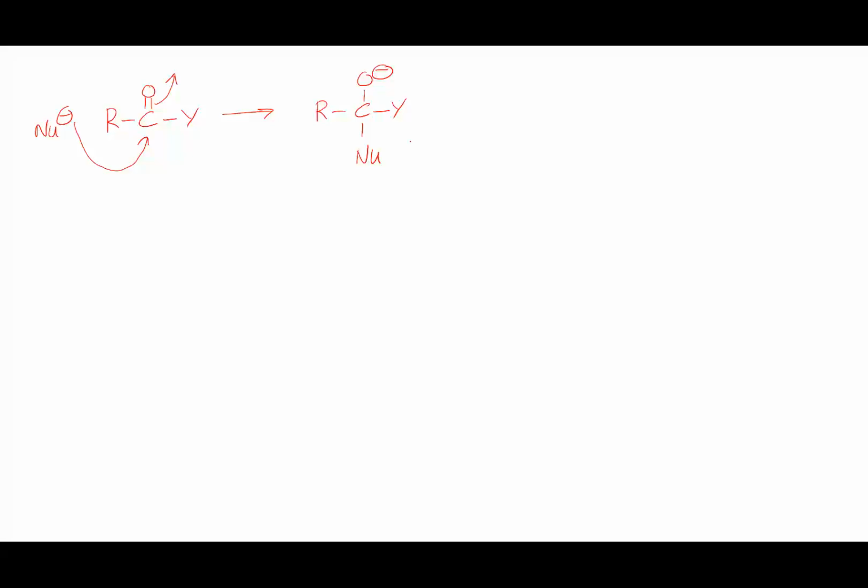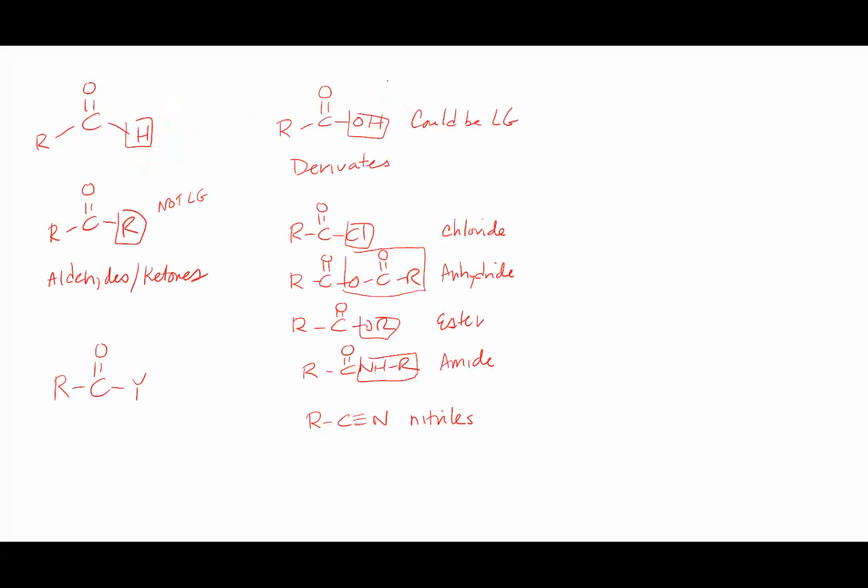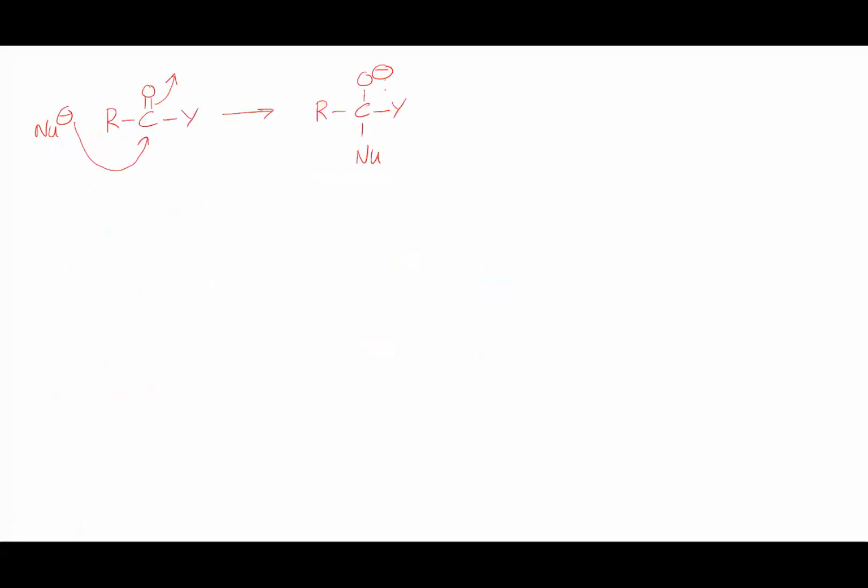What's this molecule going to try and do? Reform the double bond, so this pair of electrons is going to come down here. It can only do that if what happens? Something leaves. So is our Y group going to leave? No. Is the nucleophile going to leave? Depends. Depends on what the nucleophile is.